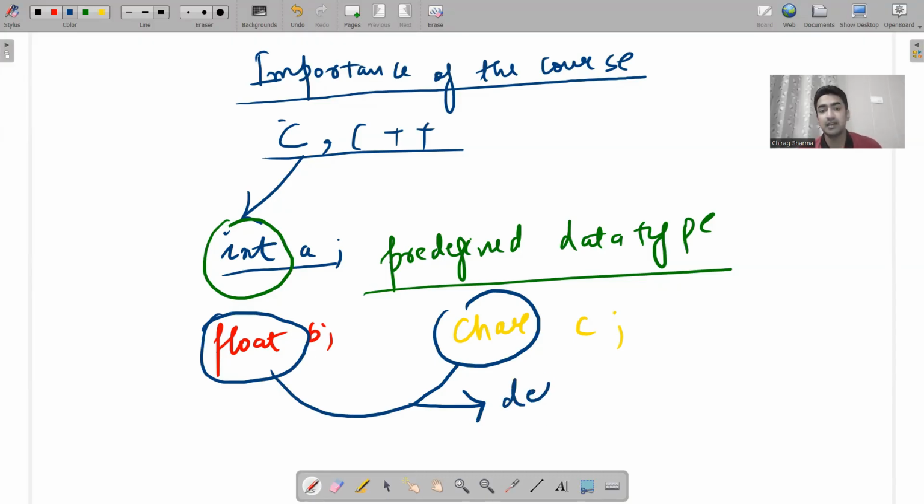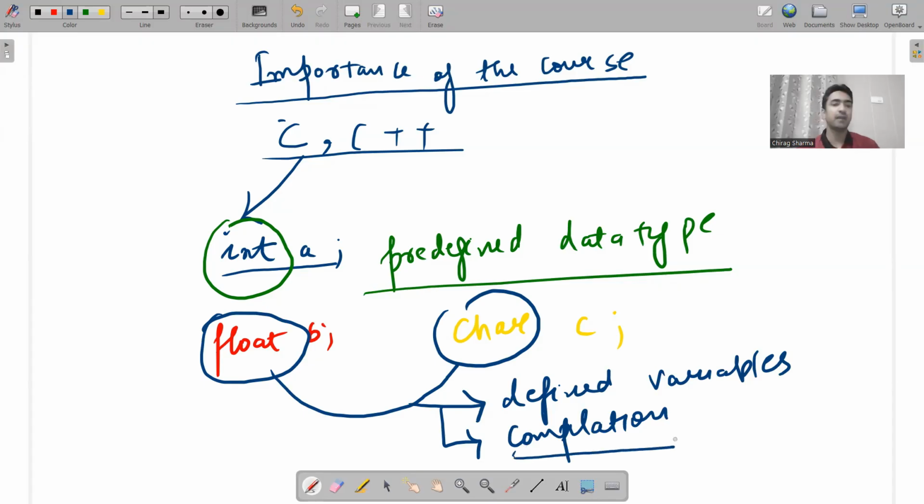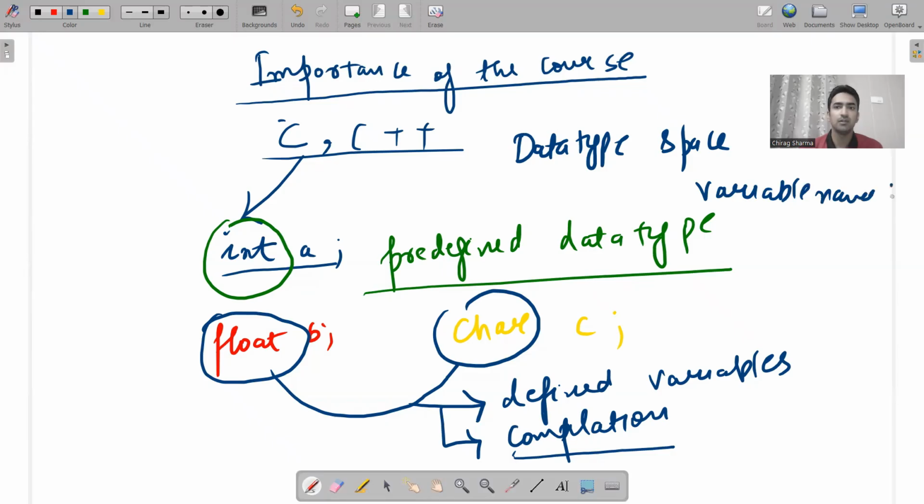It means these are defined variables. It means their compilation is clear by the compiler. They know that these variables can be declared, but the declaration has to be done by data type, space and variable name, followed by obviously a semicolon. So this is the basic part of it.